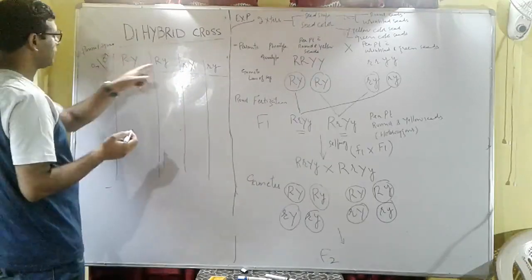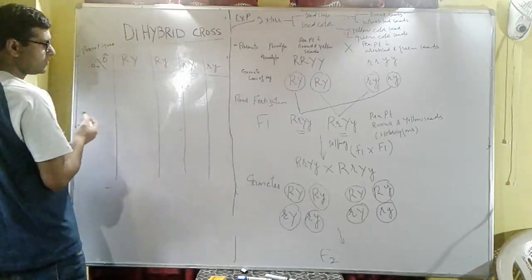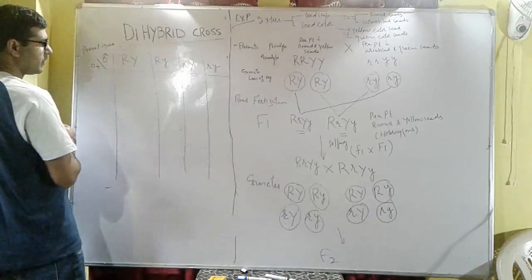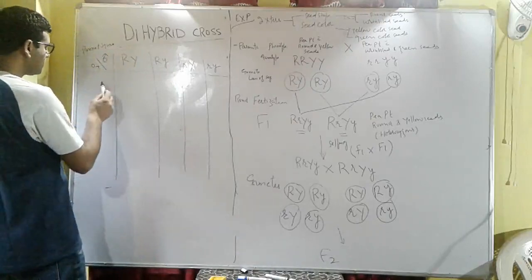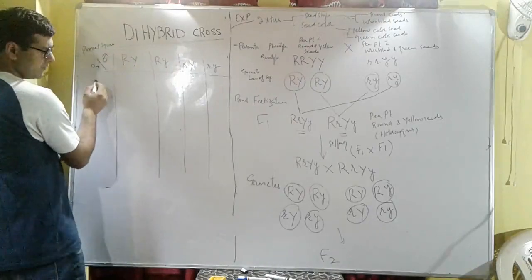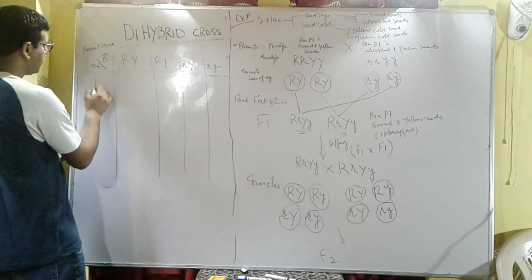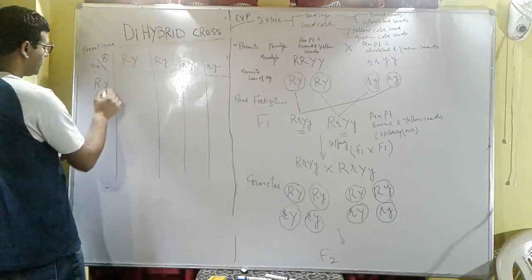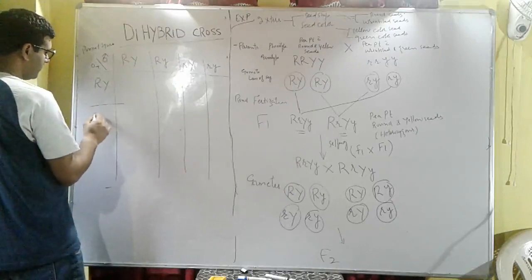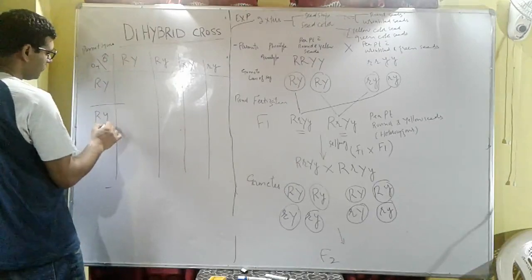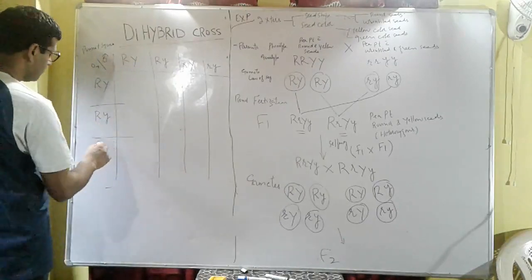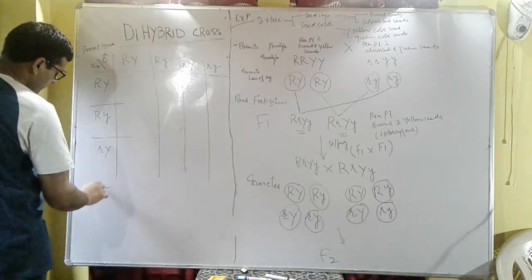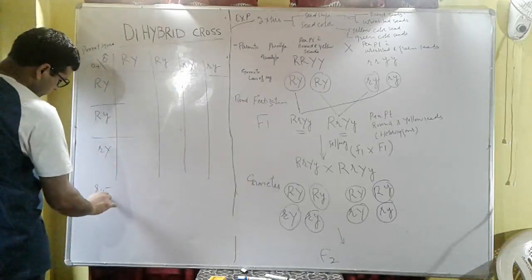These are male gametes. Then there are female gametes: capital R, capital Y; capital R, small y; small r, capital Y; small r, small y.